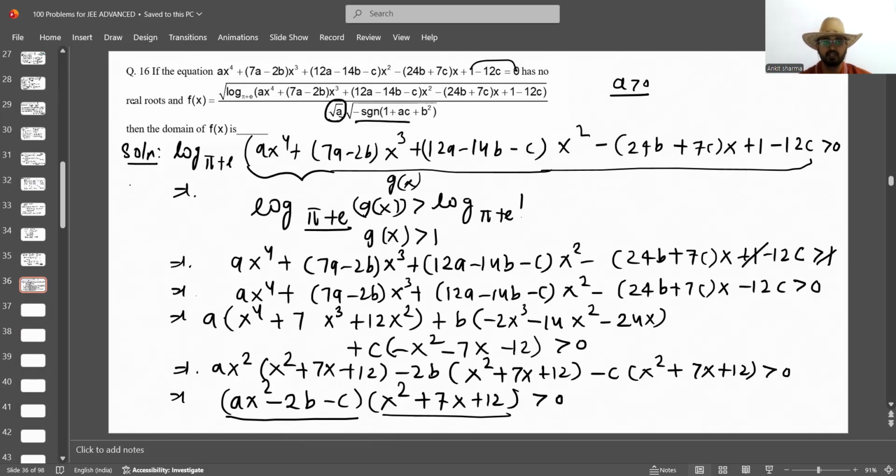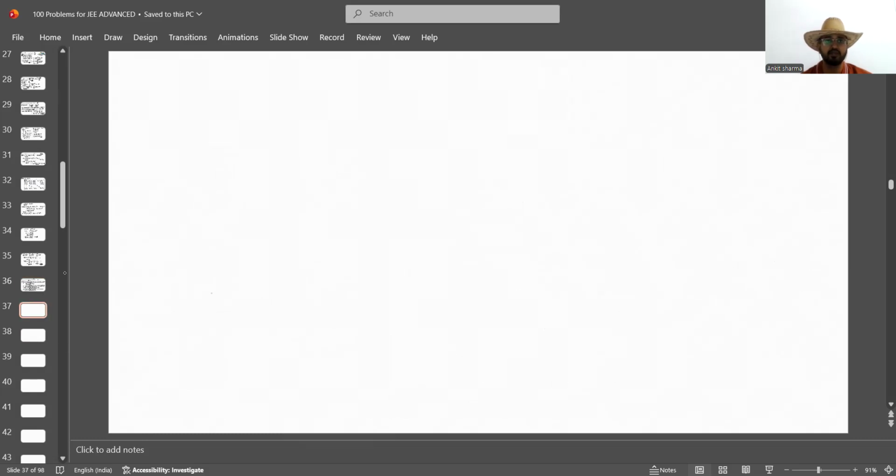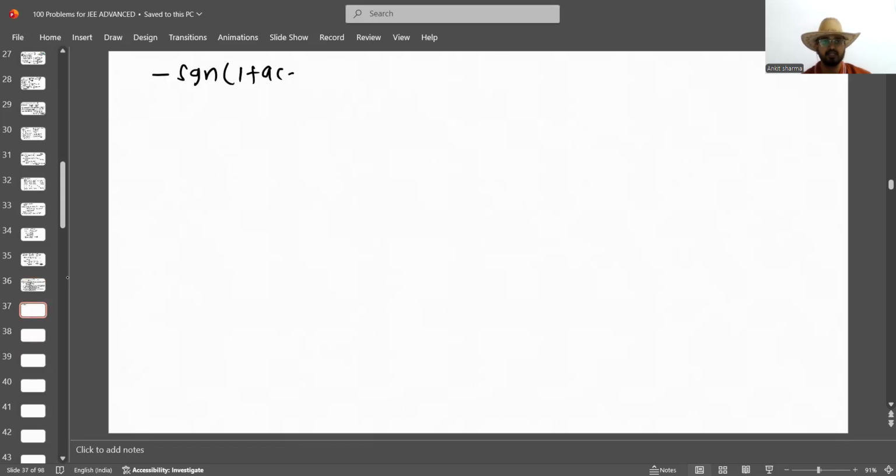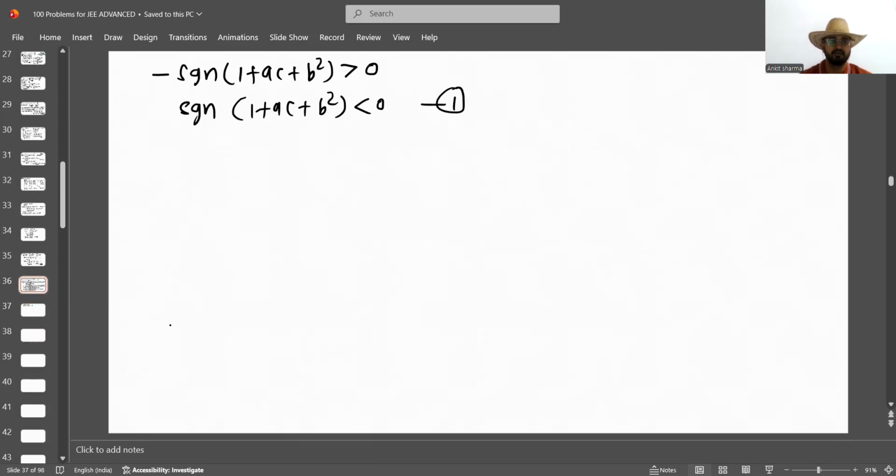If I control this, I need this quantity, which is appearing in the square root, so I should have minus sgn of (1 plus ac plus b square) greater than 0. Which means sgn of (1 plus ac plus b square) should be negative. So this is one. Now let's go ahead and find out this thing.